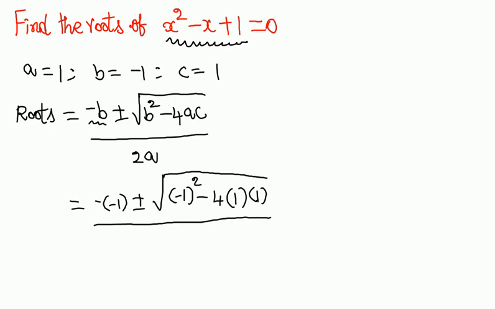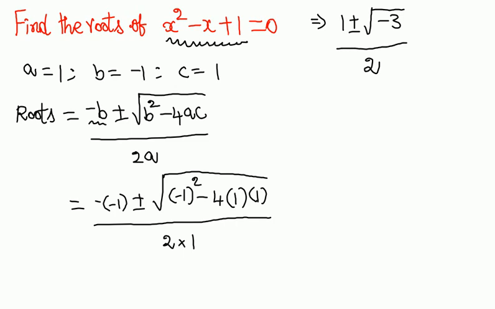So 2a means 2 into 1. So now that implies 1 plus or minus square root of minus 1 whole square, 1 minus 4. 1 minus 4 value is minus 3, whole divided by 2.